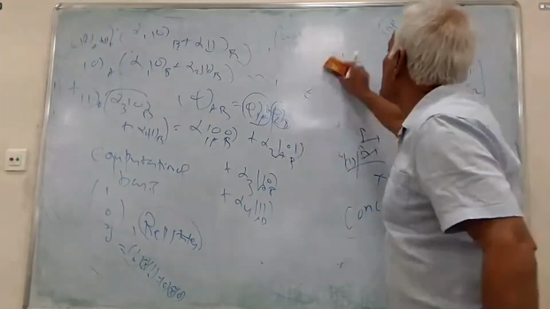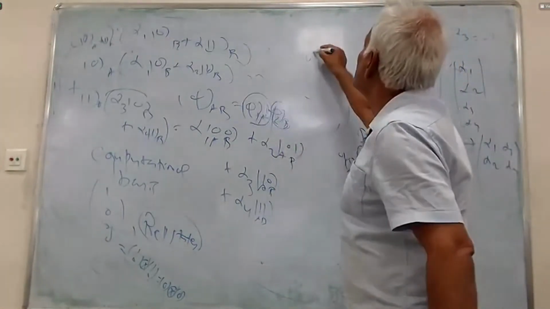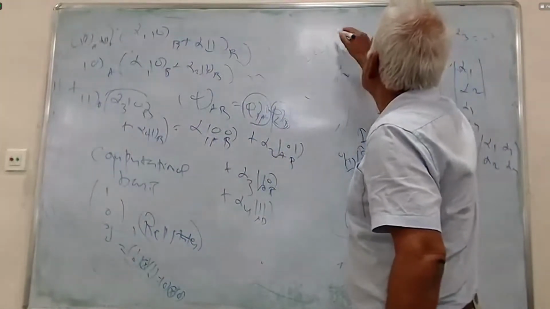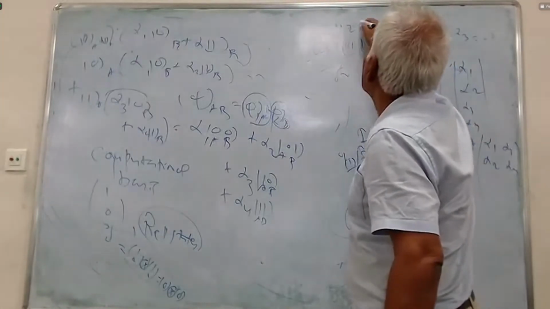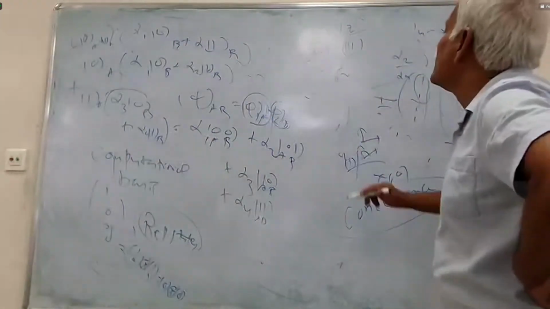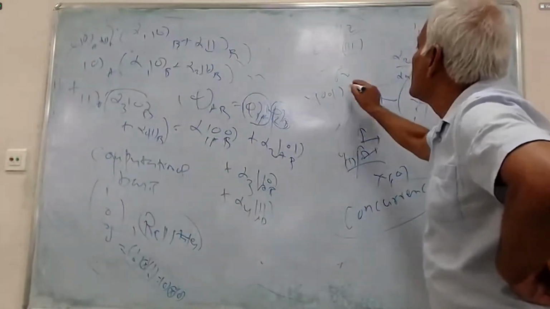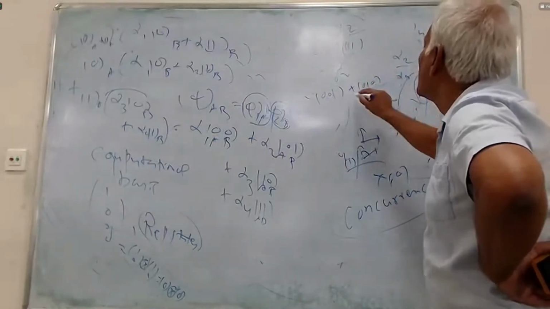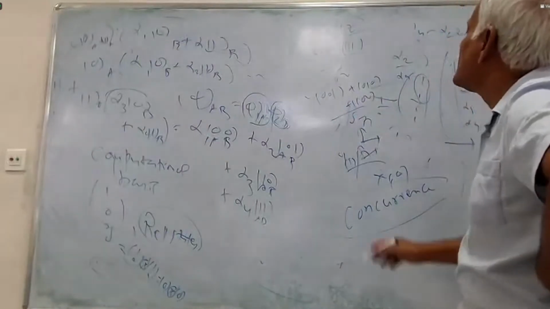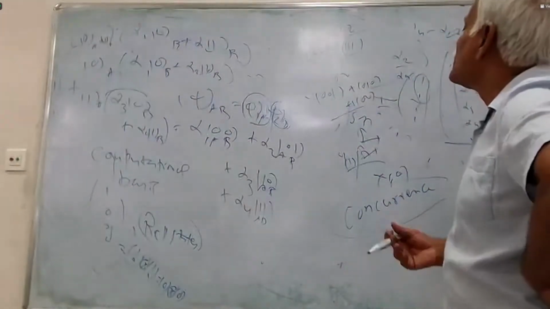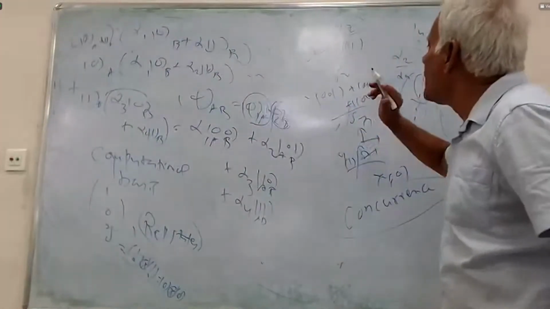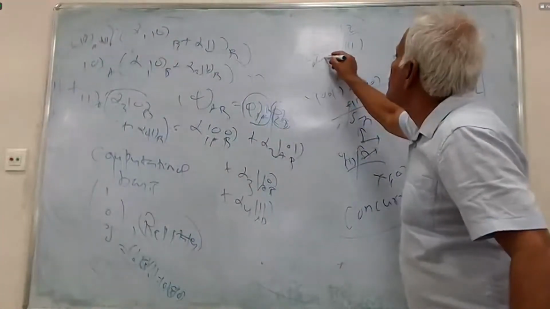For example, you can go to the so-called GHZ state and W state, very well-known states. Bipartite means entanglement into two parties, so one is called Alice, the other is called Bob.